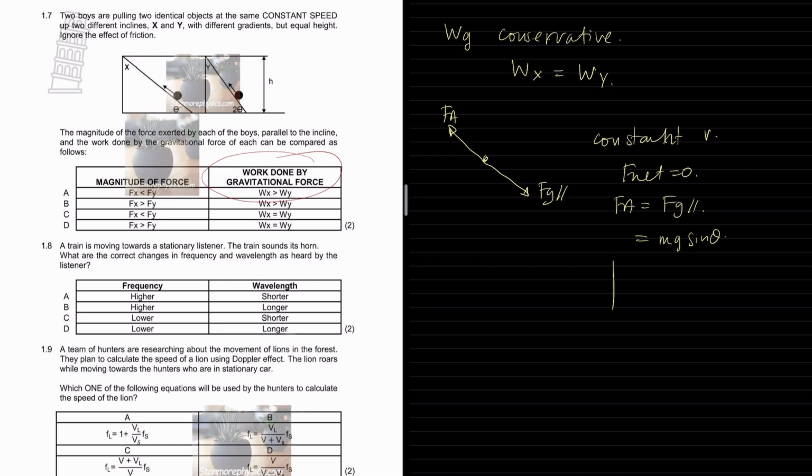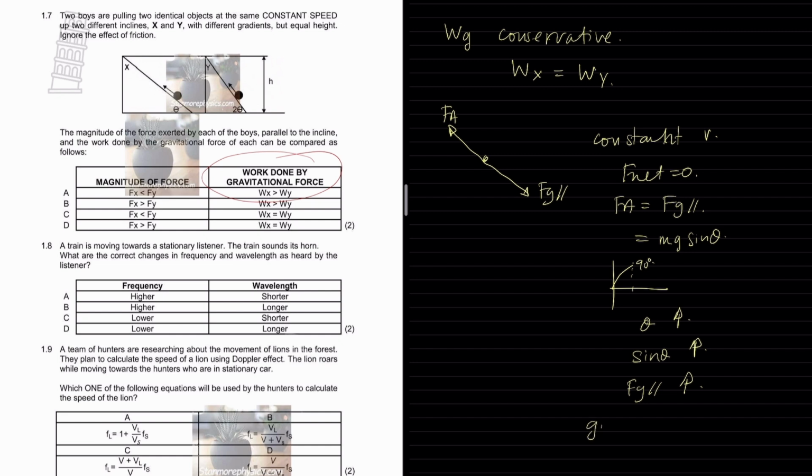Now if you imagine a sine graph, it increases up to 90. So if theta increases, sine theta also increases, which means that Fg parallel will increase.